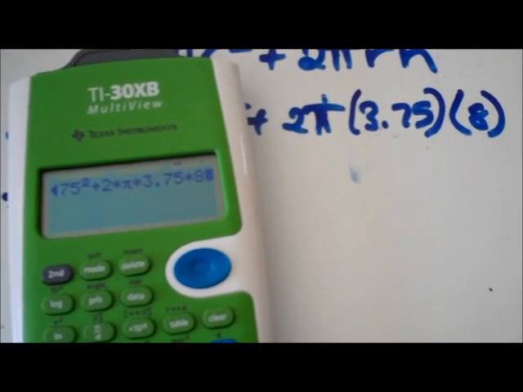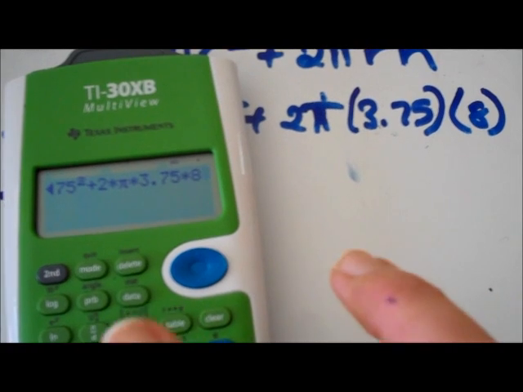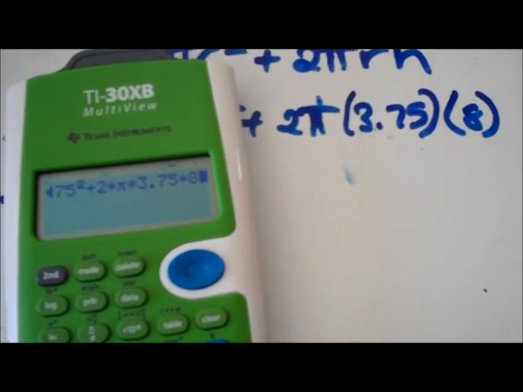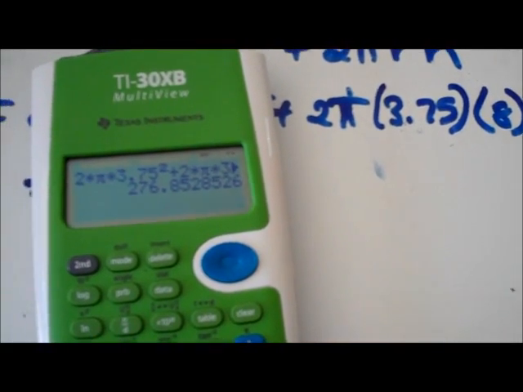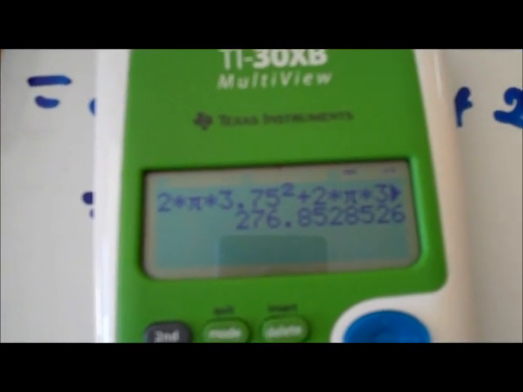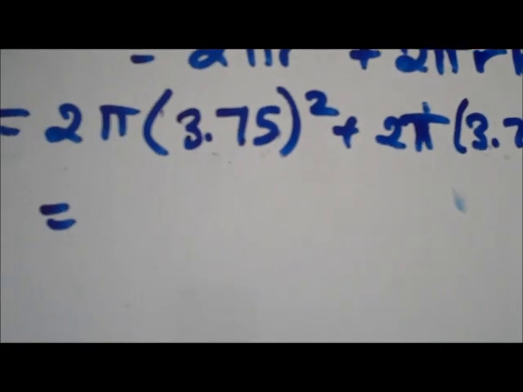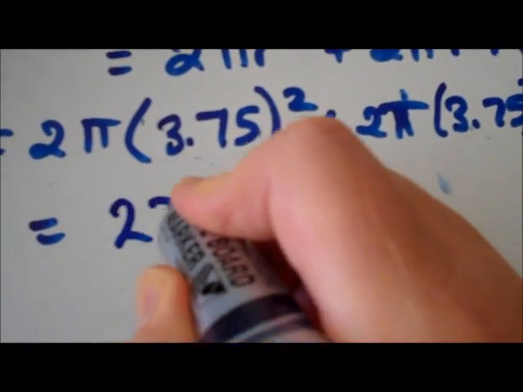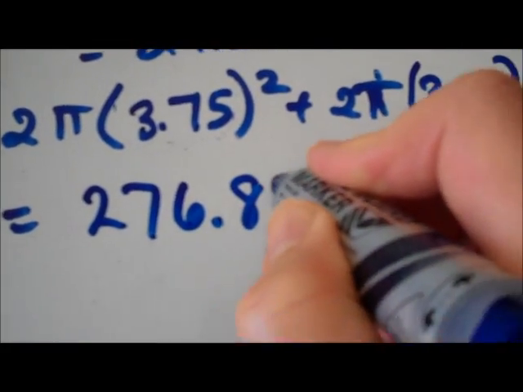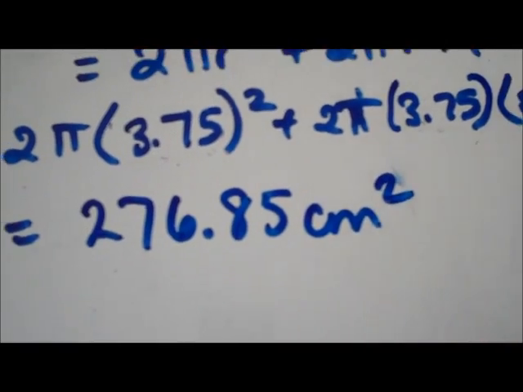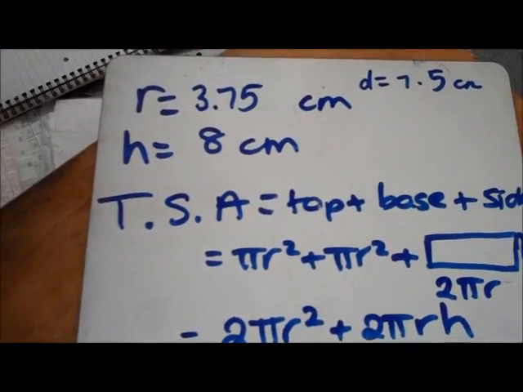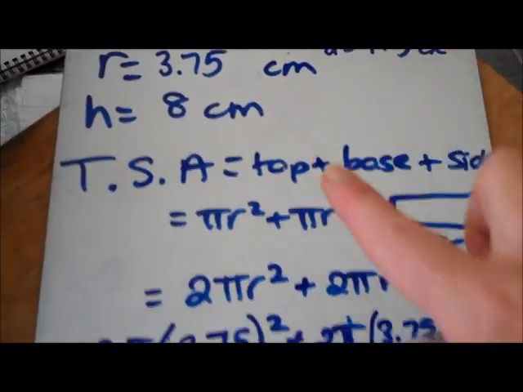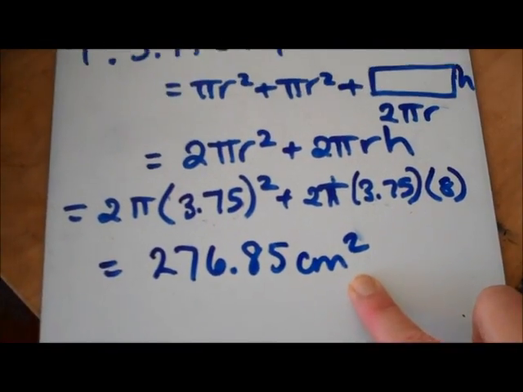And if you really wanted to be extra careful, between those two with the plus signs, I'd use brackets, but I know my calculator works. And I get an answer of 276.85 square centimetres. 276.85 centimetres squared, because both of my measurements were in centimetres. This is in square centimetres.